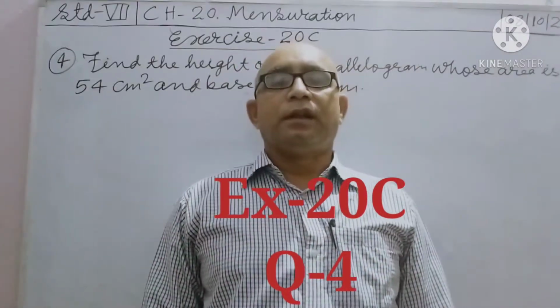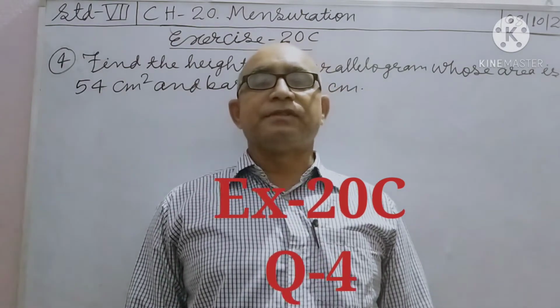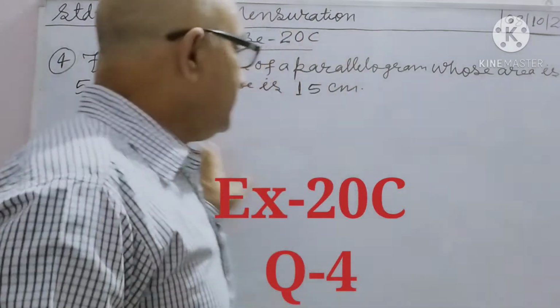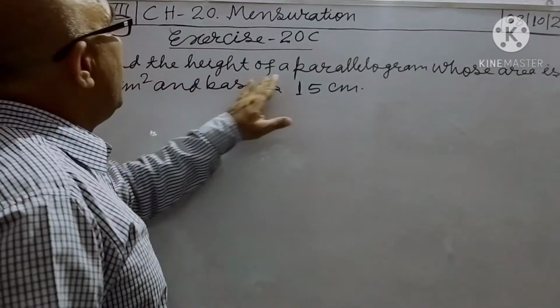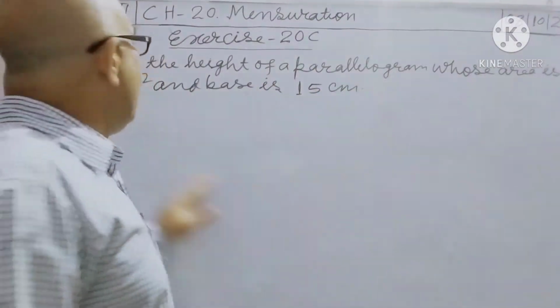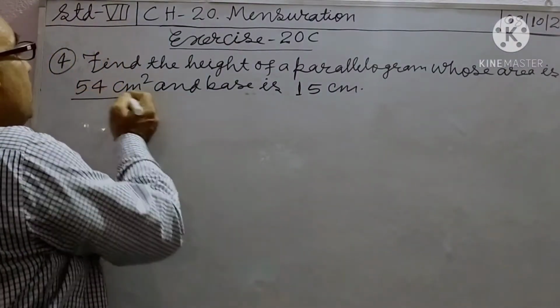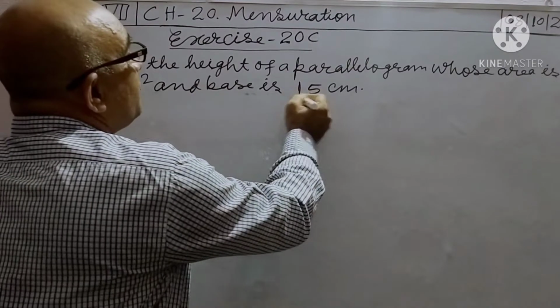Students, next question is question number 4 of exercise 20C. In this question, find the height of a parallelogram whose area is 54 cm square and base is 15 cm.